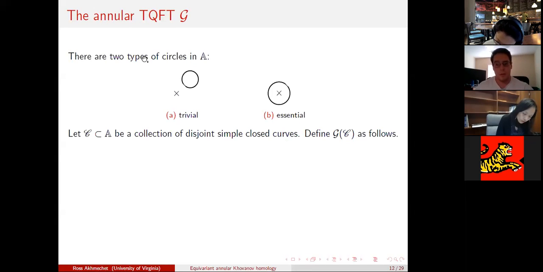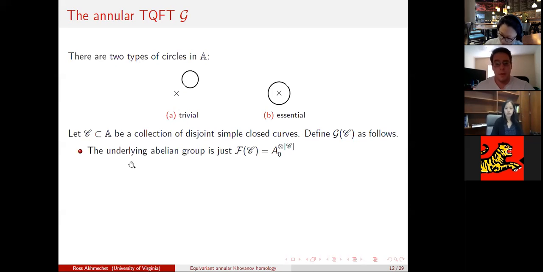I have to define it as an abelian group, and I'm going to have to describe the annular additional grading as well. So just as an abelian group, you just apply the usual Khovanov TQFT. What I mean is, forget the puncture, just briefly forget the puncture. You just have some circles in the plane, and you just apply the TQFT to it.